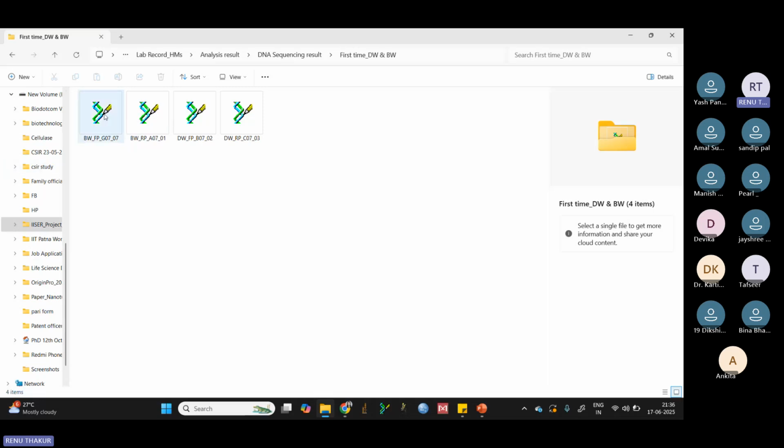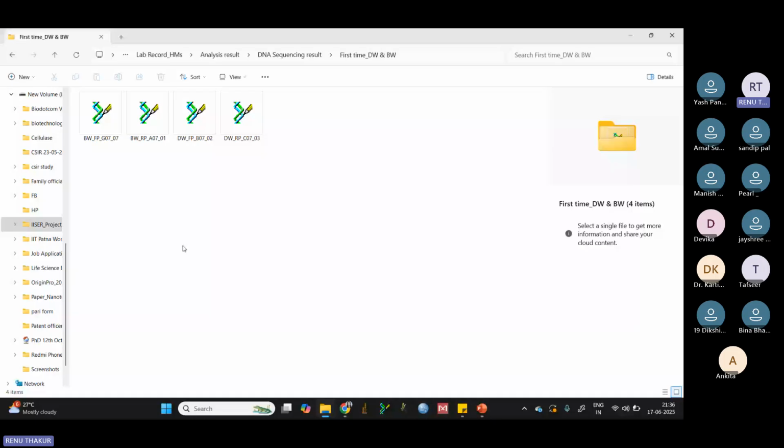Whenever you open it, firstly you will need software to read that file, because they provide the file in .ab1 format, which is not readable by any ordinary app. So for that you need some sequence reader, like BioEdit. There are many different kinds of software which you can easily install on your laptop so that you can read the sequencing result.